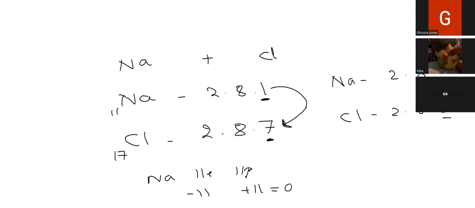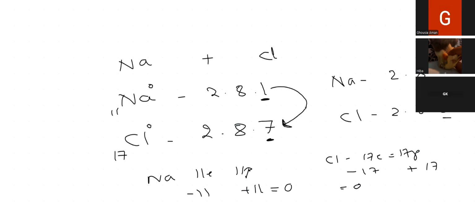That's why we say that atoms are neutral particles. Similarly, before the reaction, chlorine had 17 electrons and 17 protons, which is equal to 0. So before the chemical reaction, both sodium and chlorine were neutral particles with 0 charge.